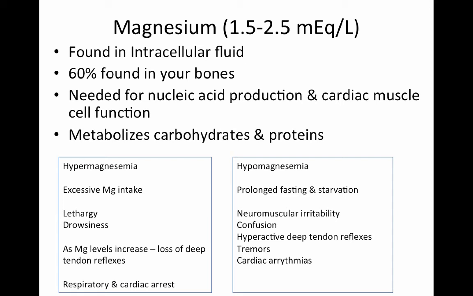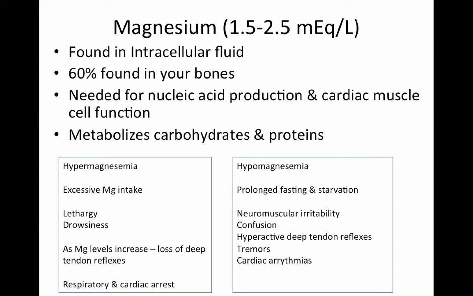It is a coenzyme in metabolism of carbohydrates and proteins, so it does help metabolize carbs and proteins. It is regulated by the GI tract and by renal excretion, so the kidneys can conserve magnesium if they sense a low level, and excrete more if they sense the level is too high.